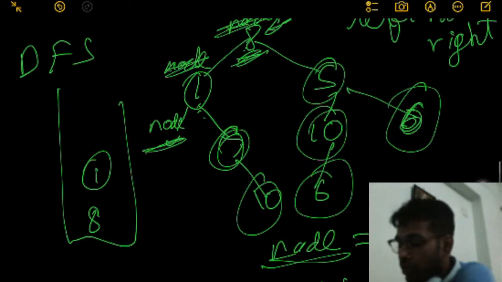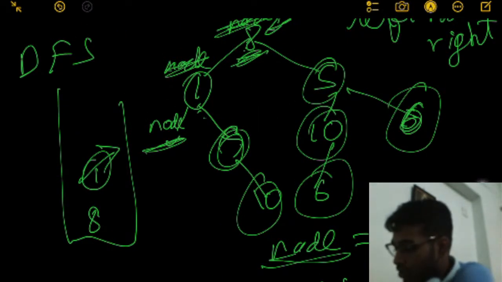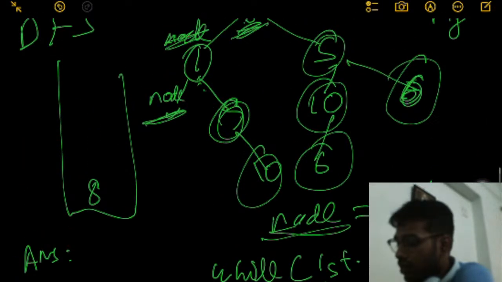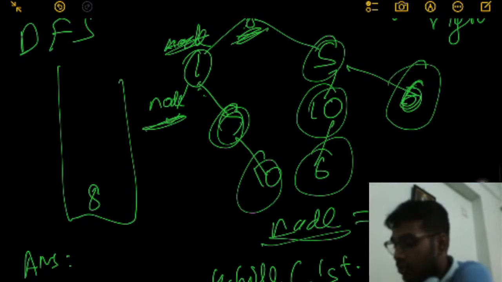Once this 1 gets popped, we add it to the answer list. So we add 1 to the answer, and as soon as 1 is added, we move node to the right.